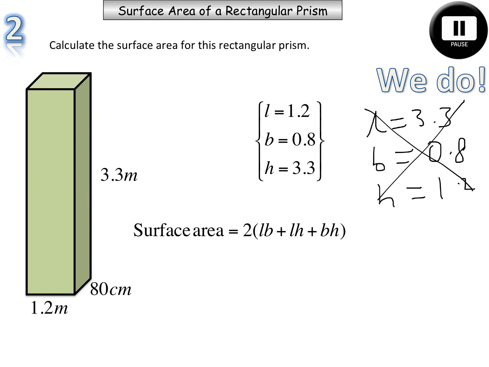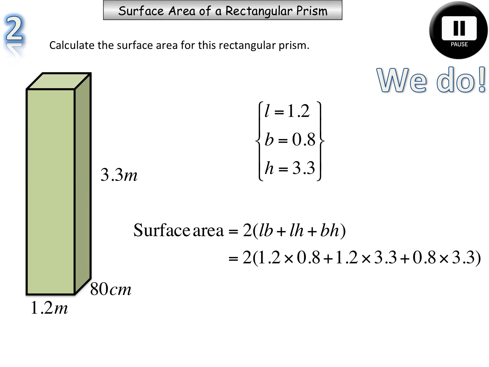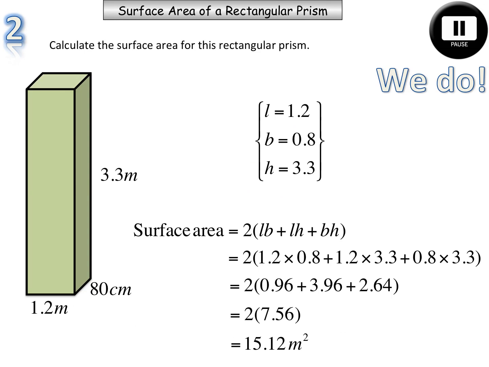If you chose that, you get 2 lots of (1.2 times 0.8 plus 1.2 times 3.3 plus 0.8 times 3.3). Again, you can do that in one hit on your calculator rather than working each part individually. The answer you should have got in square meters is 15.12. How did you go with that one?